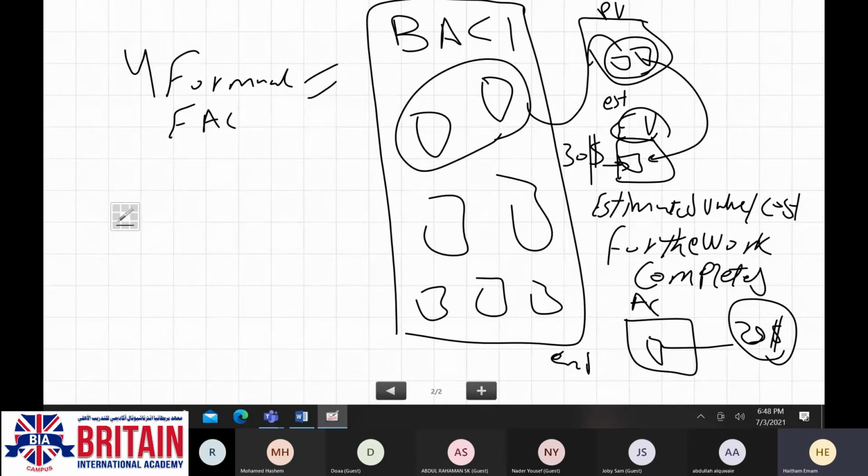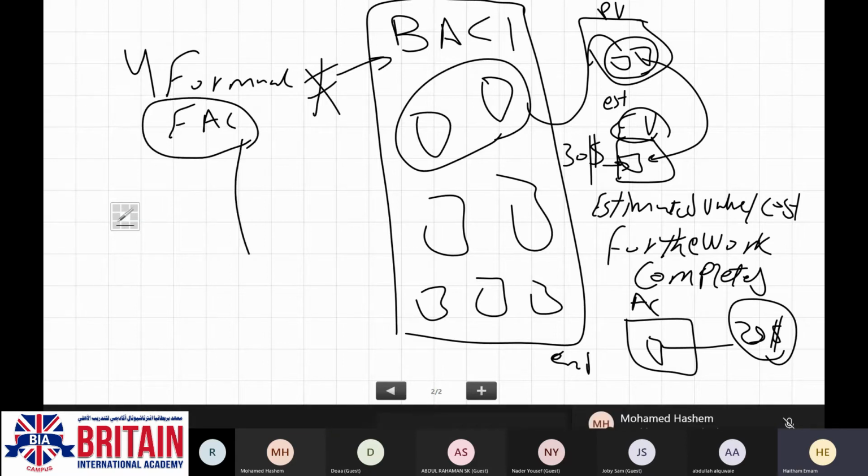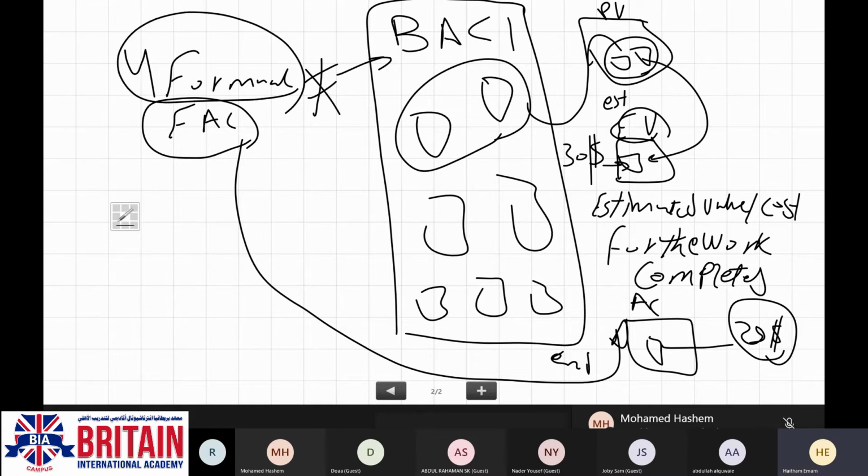It's not equal to the budget at completion, which you estimated at the very beginning of your project. But when you come to the real situation and you're doing the real work, the situation will be different. So the estimate at completion, based on your performance and on certain formulas, you have 4 formulas to calculate.